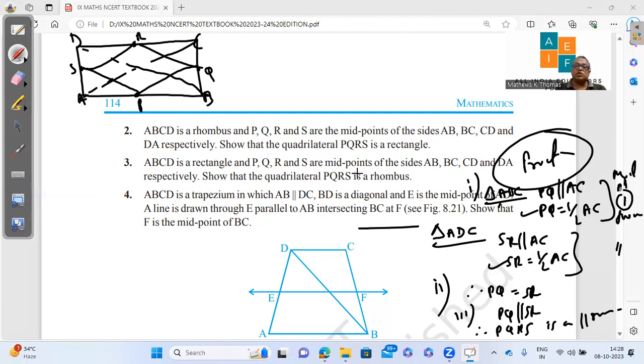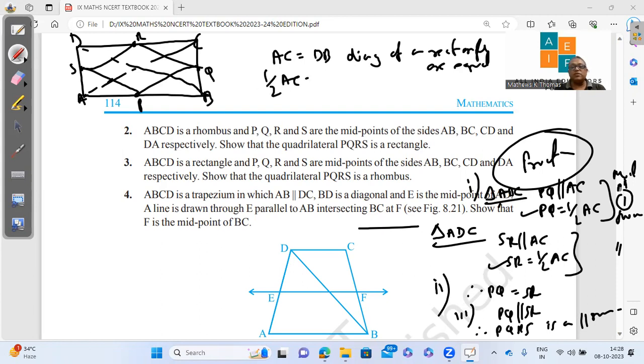Now to prove that it's a rhombus, we need to prove all sides are equal. Because it's already a parallelogram, opposite sides are parallel and equal. So to prove all sides equal, we will prove adjacent sides equal. For that, the simple trick is, we know that diagonals of a rectangle are equal. So AC will be equal to DB.